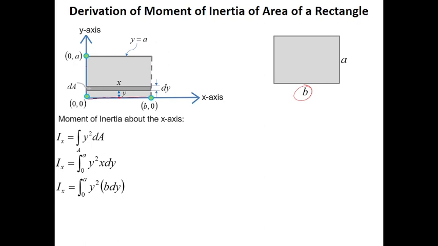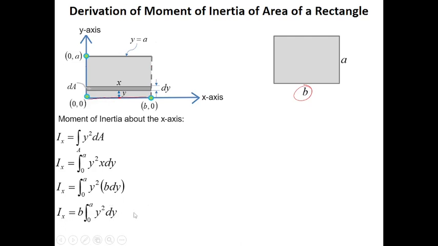So, next we have, so yung b na yan, dahil yan ay constant, we are able to put it to the left side of the integral sign. No? So, kaya meron tayong b integral of y squared dy now, limits from 0 to a.